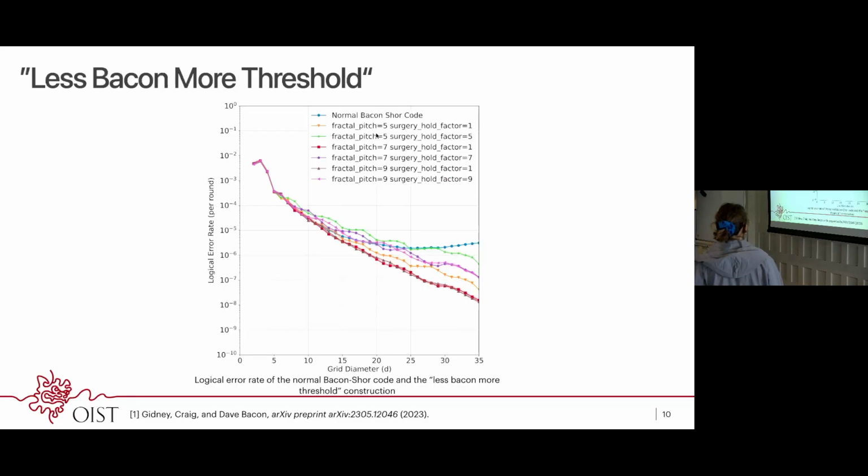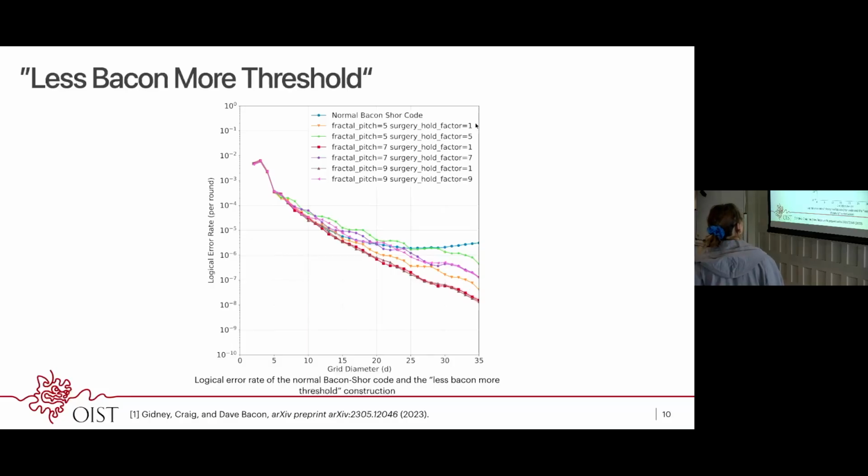This is the numerical result of the construction in the Baker-Morse threshold paper. This is a plot of the logical error rate for different code sizes. The fractal pitch means the size of the small Bacon-Shor codes they concatenate, and the threshold factor means the rounds in which they measure the little gaps.